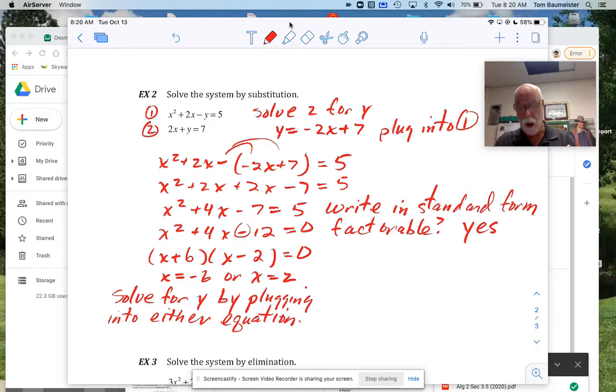So I'm going to assume that I solved number 2 right.